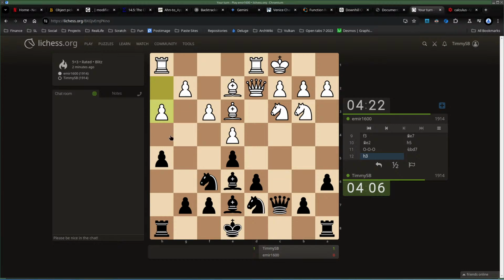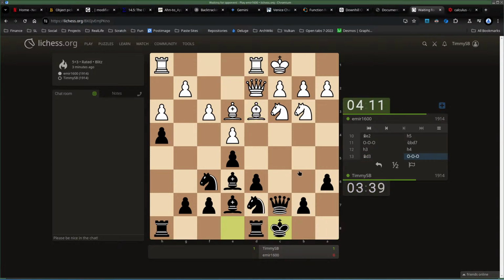Create a weak pawn. He's still doing moves all the time that belong to a different opening.